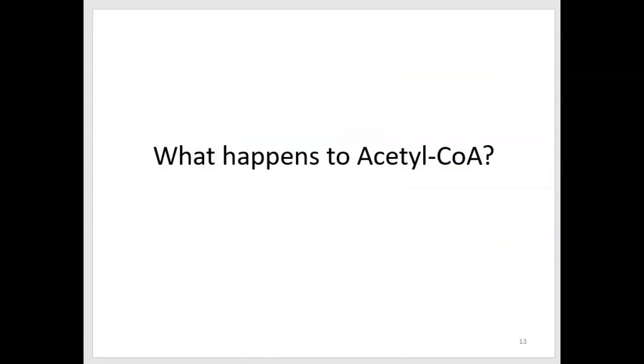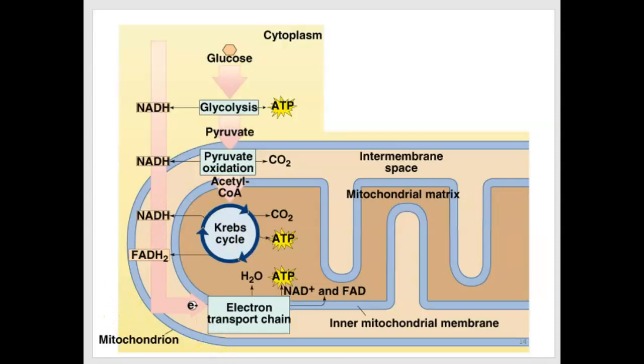So the question is, after acetyl-CoA has been formed, what occurs? Well, in our cells, because again, we're aerobic organisms, the acetyl-CoA is going to cross into the matrix of the mitochondria and start the process of the Krebs cycle, or step 3, which I'm going to discuss in another lecture.